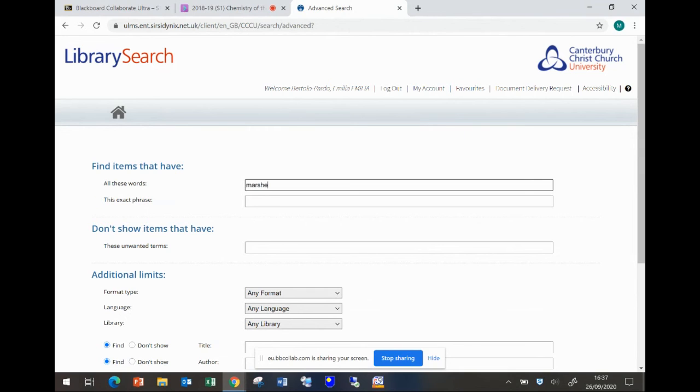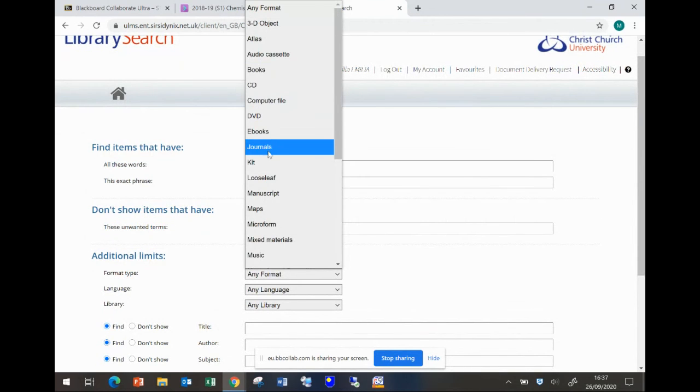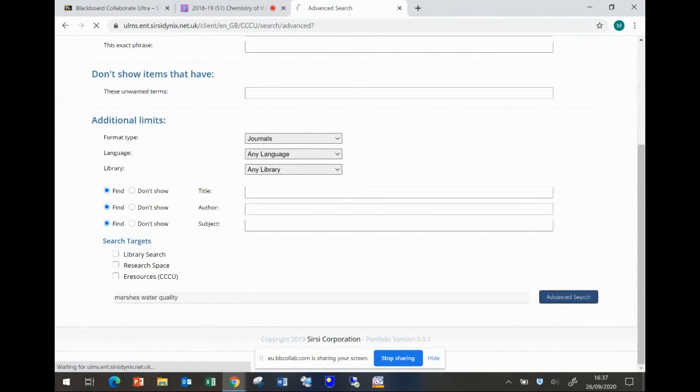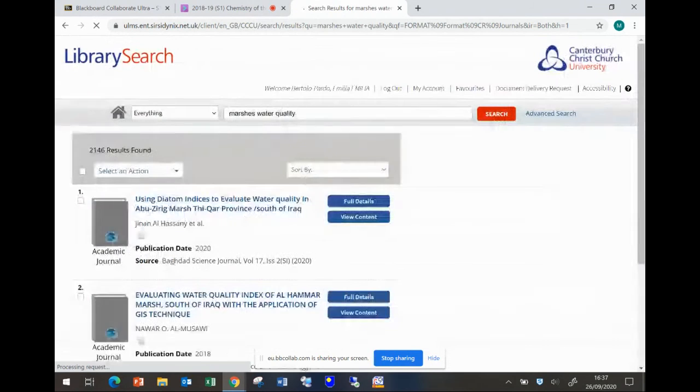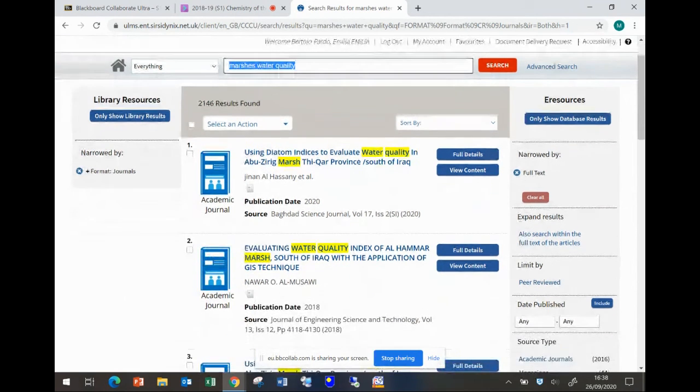So let's see if I write marshes water quality, if it finds something, and again format journals, and off I go. And water quality, diatom indices to evaluate water quality of this marsh in south of Iraq.